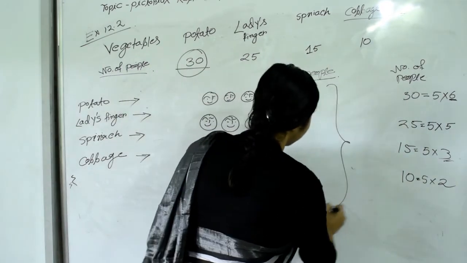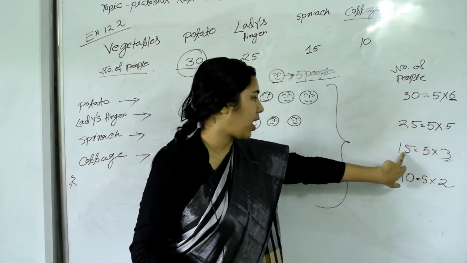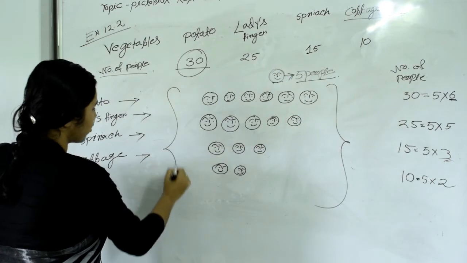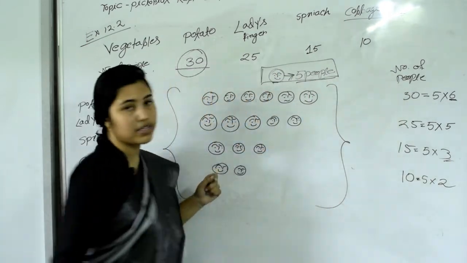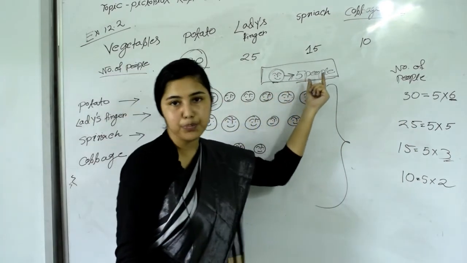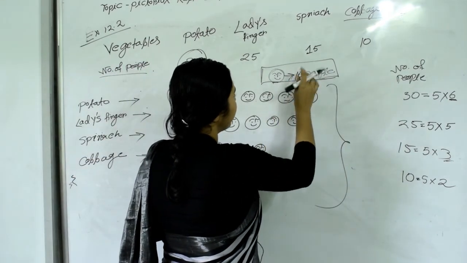So in this way you can represent these numbers 30, 25, 15 and 10, and this is called a pictograph. You can also represent it with one picture as 5 people or one picture as 10 people.